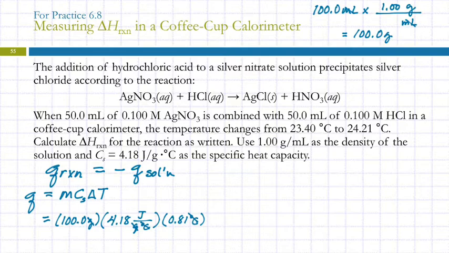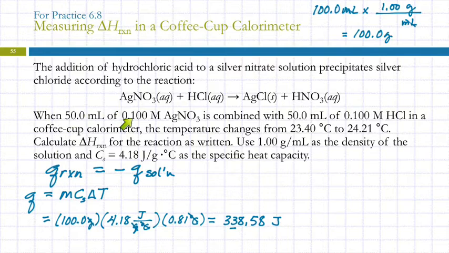So I've got 100 times 4.18 times 0.81, which is 338.58, and that would have two significant figures. And that is joules. So this is the amount of heat absorbed by the solution, the amount of heat released by the reaction.